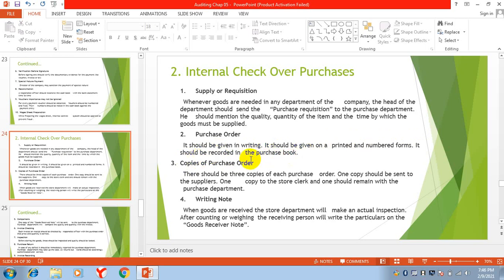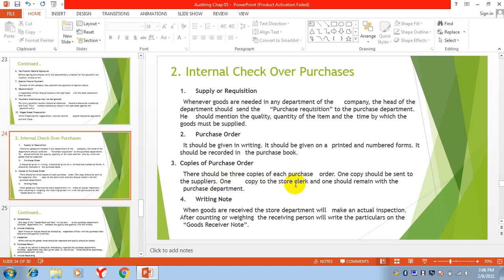Copies of the purchase order. There should be 3 copies of each purchase order. One copy should be sent to the supplier because he will provide the goods to you.